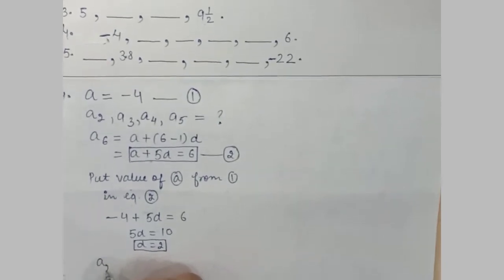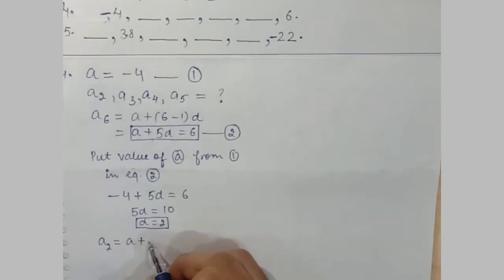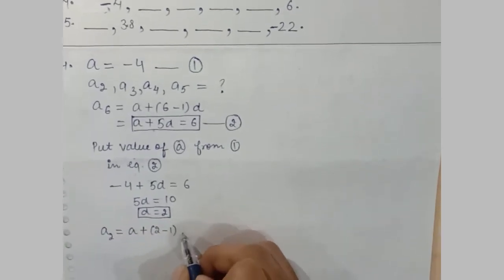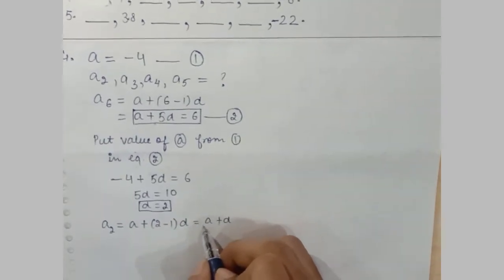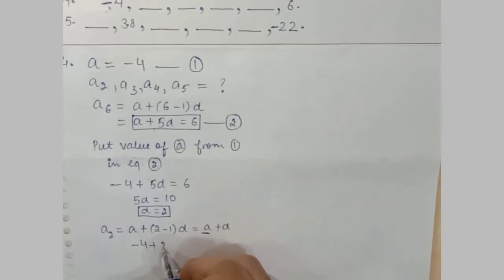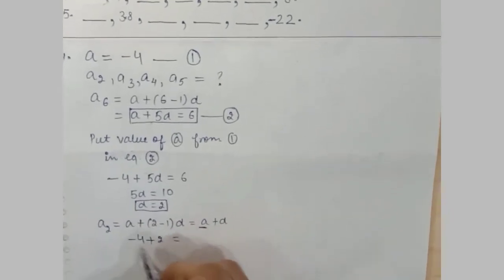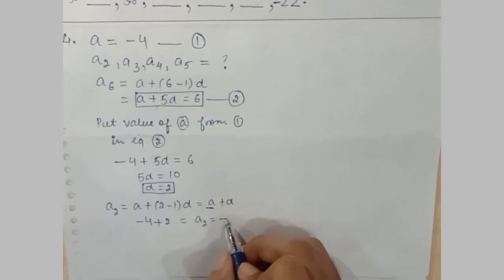For the second term, a2 is a plus 2 minus 1d, or a plus d. A is minus 4 and d is 2. So our second term a2 is minus 2.